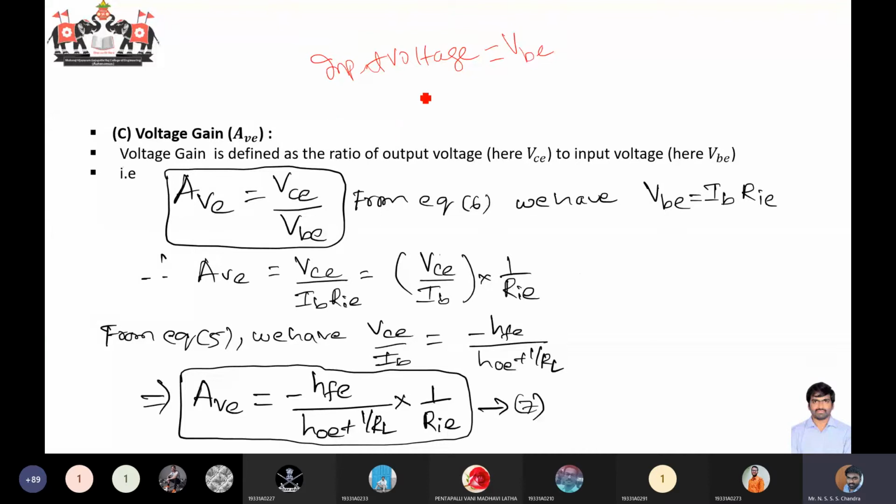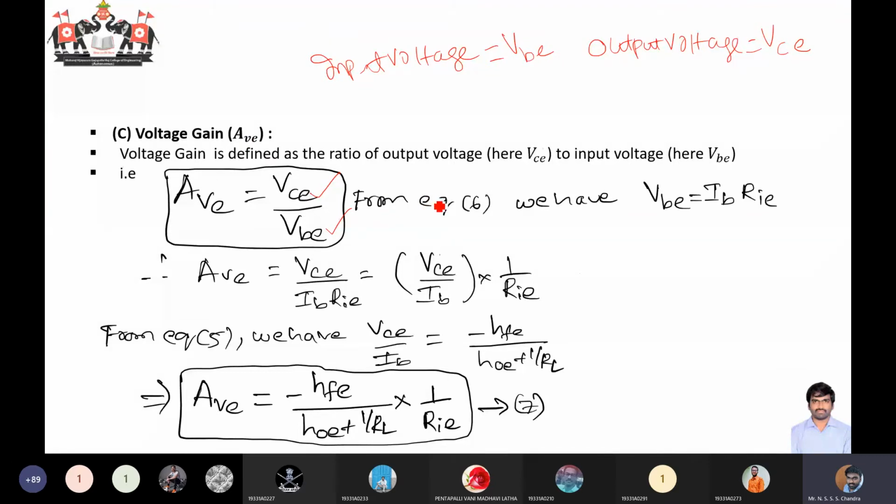What is the output voltage? VCE. So it's a ratio of VCE to VBE. So AVE, the voltage amplification in the common emitter configuration, is VCE by VBE. We need to replace this VCE by VBE in terms of your hybrid parameters.